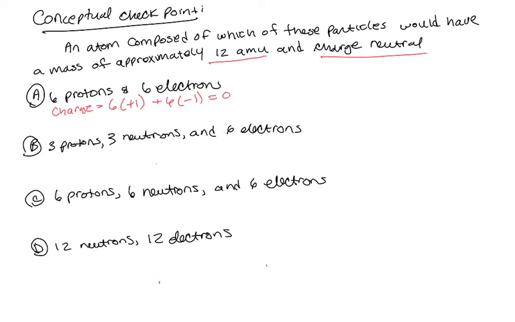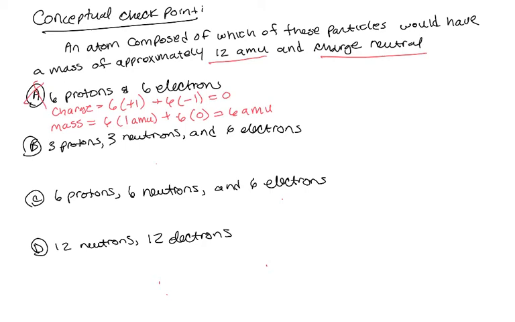So there you go, that's charge neutral. But what is its mass? We have 6 protons at 1 AMU each, plus 6 electrons, but electrons, remember, have 0 mass. They can be considered negligible for our purposes. So that would leave us with 6 AMU only. So that cannot be right.